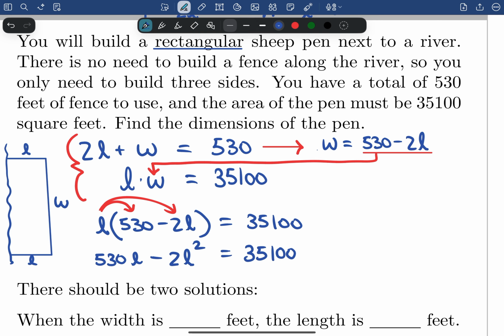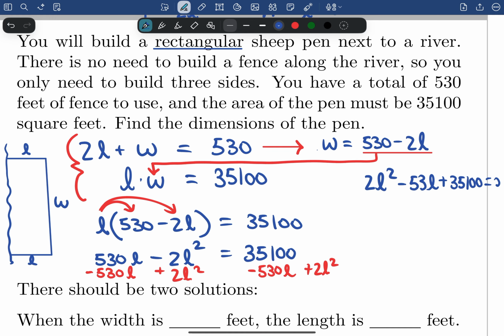You'll see me do it. Explicitly, I'm going to take the 530L, and it's positive, so I'm subtracting 530L to the other side. And then take the negative 2L squared and add it to the other side like this. And so now my quadratic equation says 2L squared minus 530L plus 35,100 equals 0.